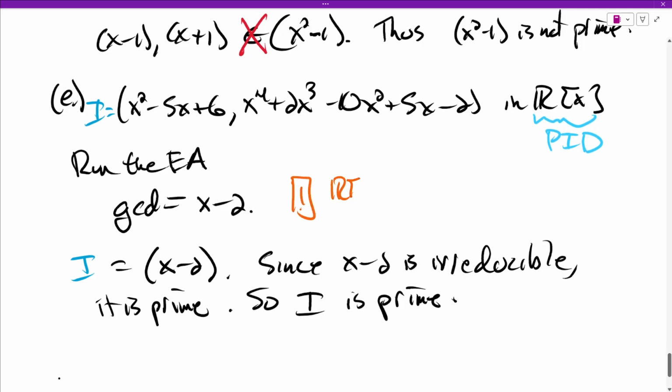This guy, we also didn't do, but let's do it real quick. If I take R adjoin x and I mod out by the ideal generated by x minus 2, we know by the problems I've been torturing you with that that is just R back, right? When you set x equal to 2, you just get R back. That's a field, so in particular it's a domain.